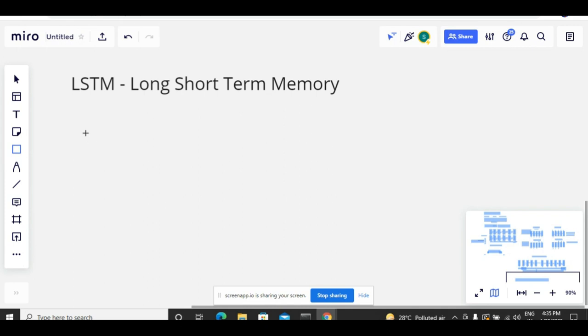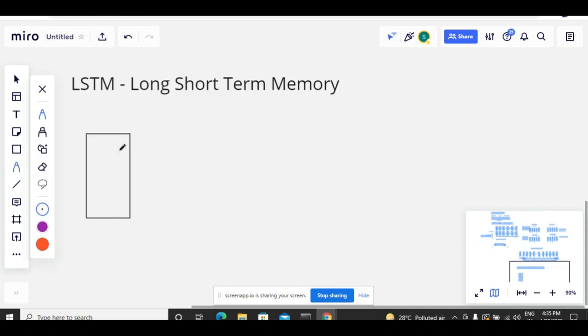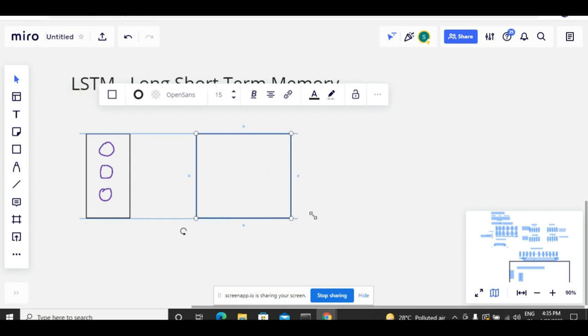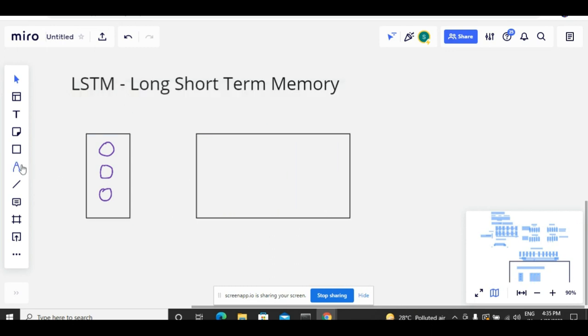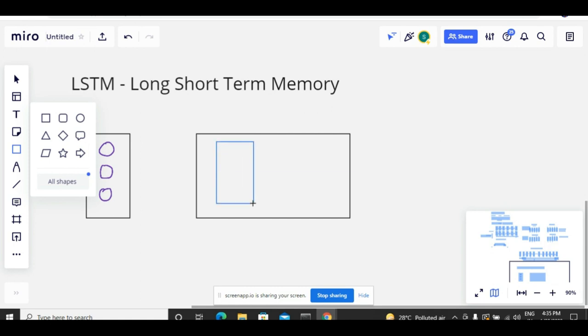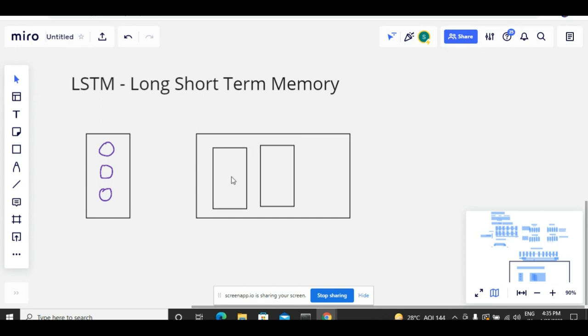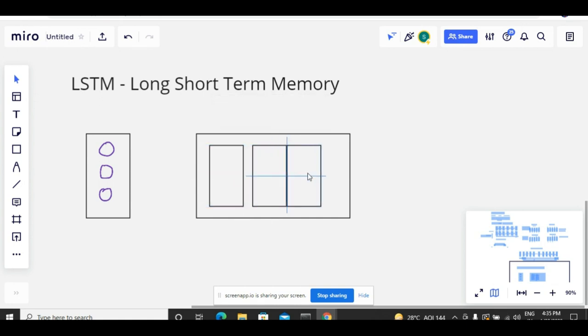In RNN, a single unit of RNN consists of a single layer of neuron. On the other hand, a single unit of LSTM consists of three gates.